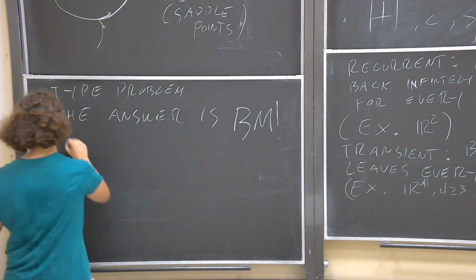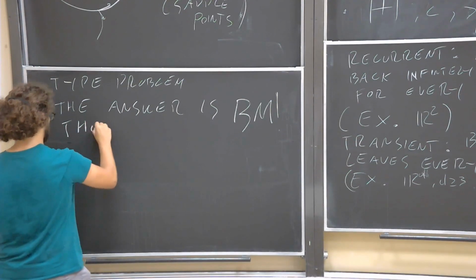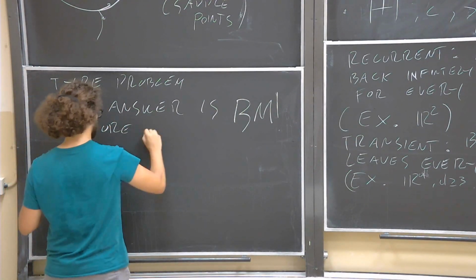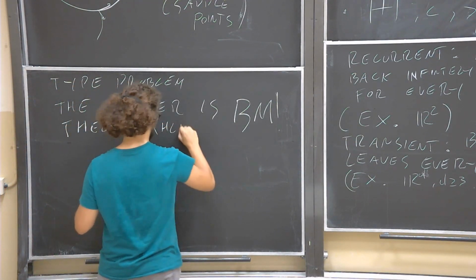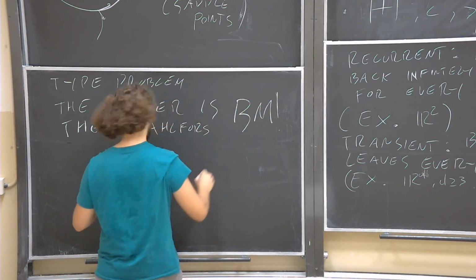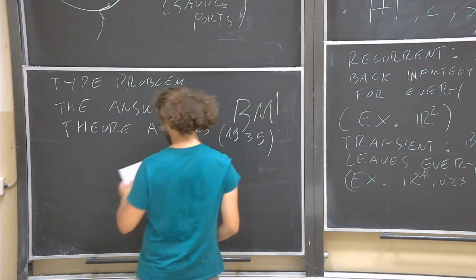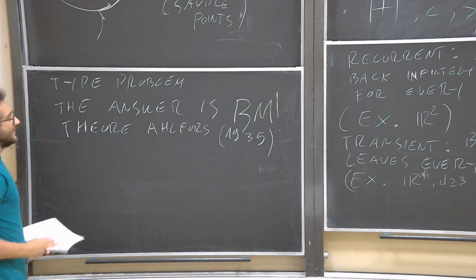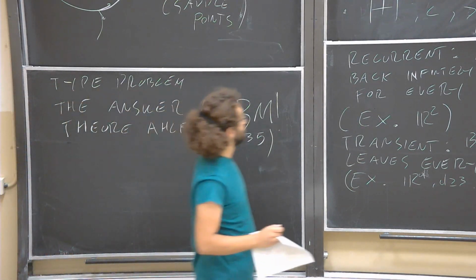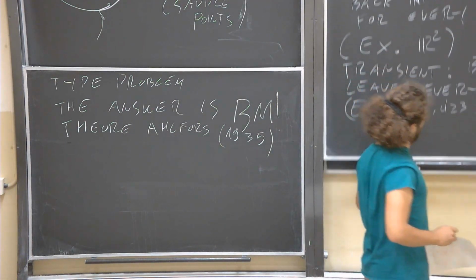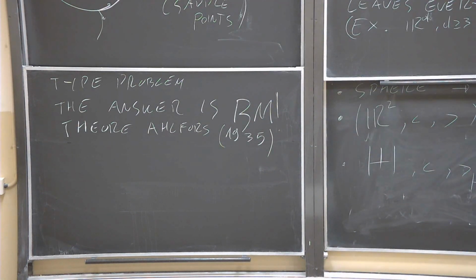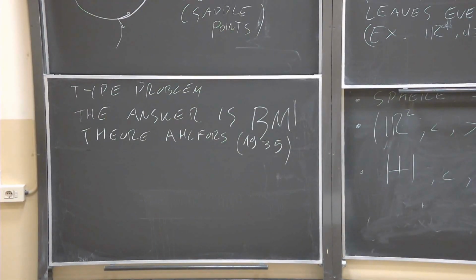This is a theorem, proven by Ahlfors in 1945. And it's exactly this. We will call parabolic manifolds the ones that can be transformed into something like this.